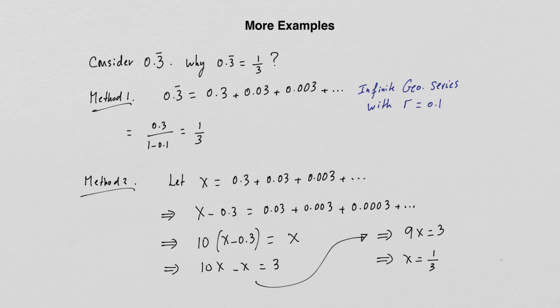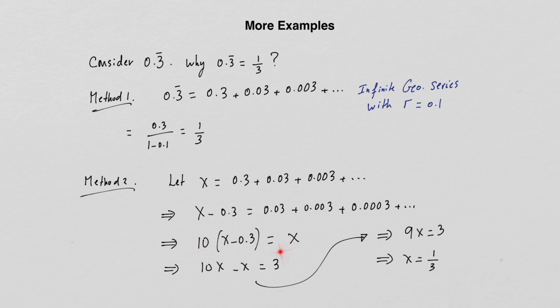In other words, if it is finite, let's say I have only 10 terms, 0.3 plus 0.03 all the way to the 10th term, and you subtract this 0.3, now you have 9 terms left. And you multiply those 9 terms by 10, you're not going to get the old x because the old x has 10 terms. The fact that this is infinite means that once you subtract one term and multiply both sides by 10, you will get the exact old x.